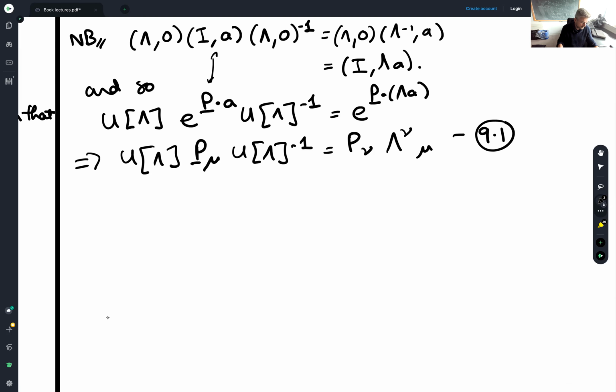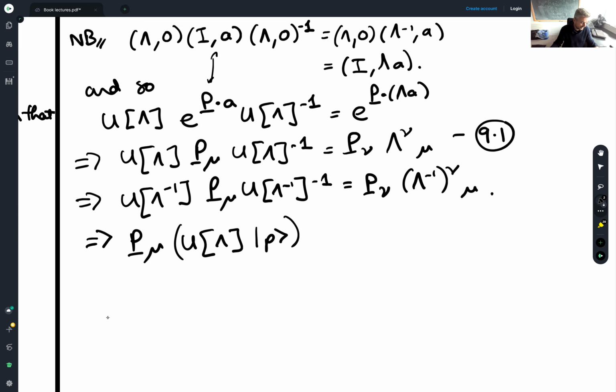Okay, so this implies that U of lambda to the -1 times P mu times U of lambda is equal to P nu lambda to the -1 nu mu, which in turn implies that if we consider P mu acting on some state, which is given by U of lambda acting on the p ket, this is equal to, so we have to keep track of what's just a number and what is an operator here, U of lambda P nu lambda to the -1, so I'm using the above line, acting on p.